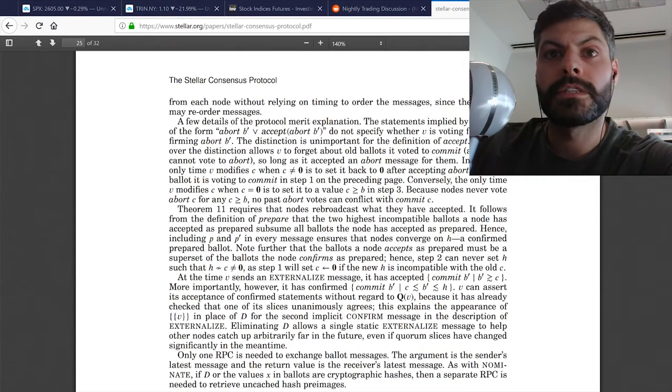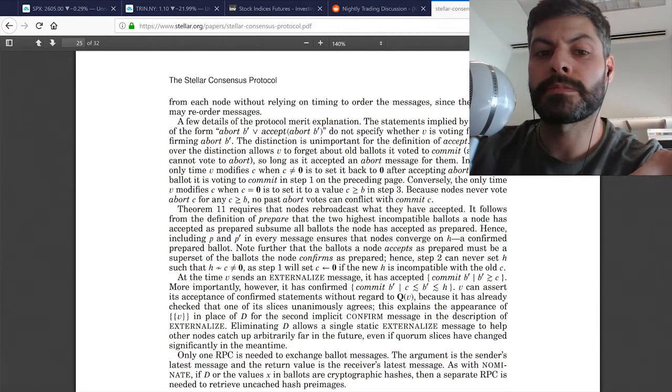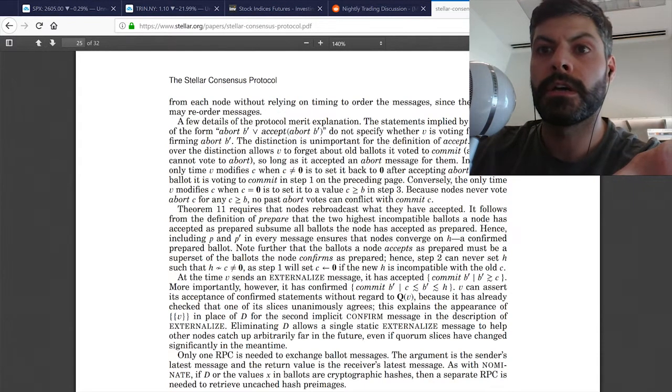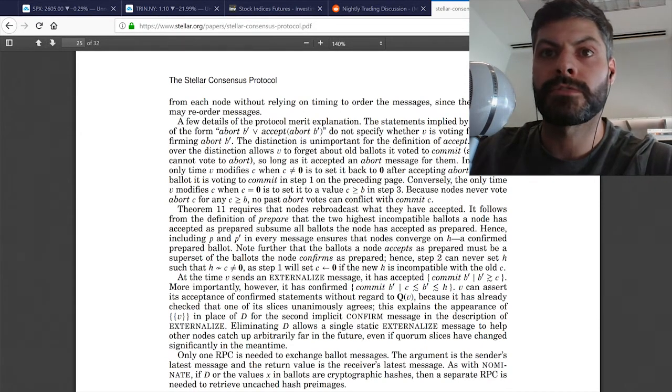At the time v sends an externalize message, it has accepted the set of all elements commit b′ for which b′ is greater than and compatible to c is true. More importantly, however, it has confirmed the set of all elements commit b′ for which c is lesser than and compatible to b′, which is lesser than and compatible to h is true. v can assert its acceptance of confirmed states without regard to the function Q of v, because it has already checked that one of its slices unanimously agrees.